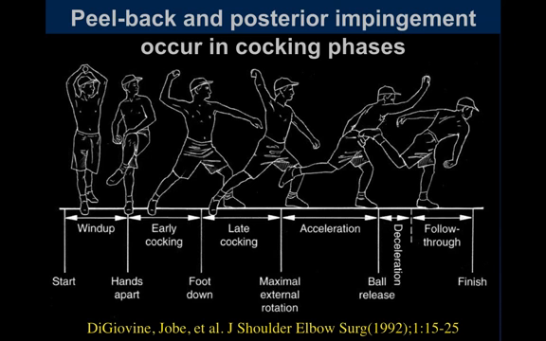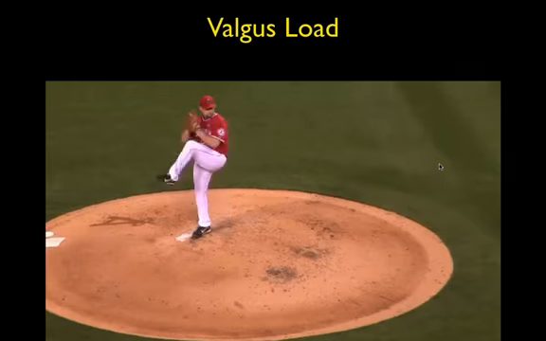Then you have the acceleration phase where you start putting speed on the ball. Then you release it at the end of the acceleration phase, ball release. Then you rapidly decelerate the shoulder, and then you have the follow through coming through. So those are the different aspects of the throwing mechanism.